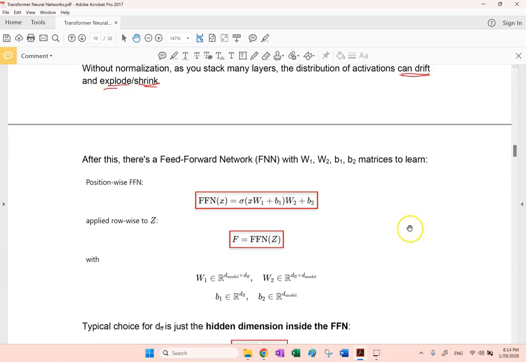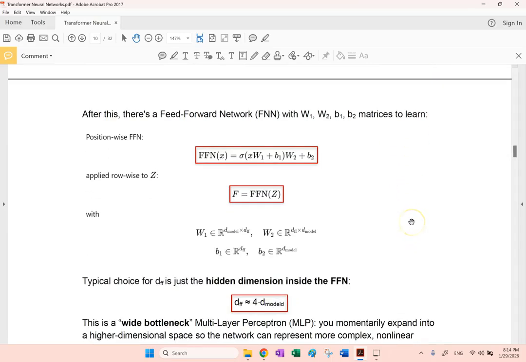Now, once you do that, you're going to pass it to a feed-forward network, FFN, which is basically a multi-layer perceptron, okay? This is a multi-layer perceptron.